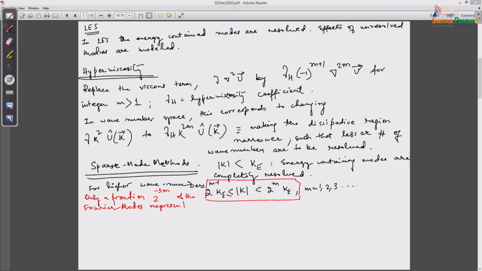Now, this is where the modeling comes in. Even if I look at the domain and say I am going to resolve only these modes, typically the energy containing modes, I can do something to reduce the size of the dissipation zone, which is what hyperviscosity does.